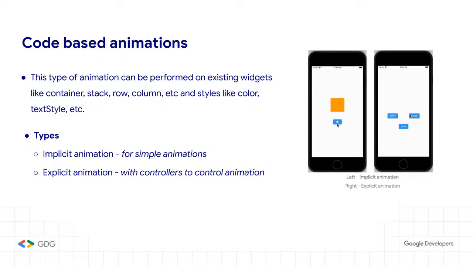Once I perform this animation, I can no longer go back to the original size of the container. So that is one thing about implicit animation. It is only a one way animation. You cannot go back. But explicit animation, like I said, gives control to the user to control the animation.